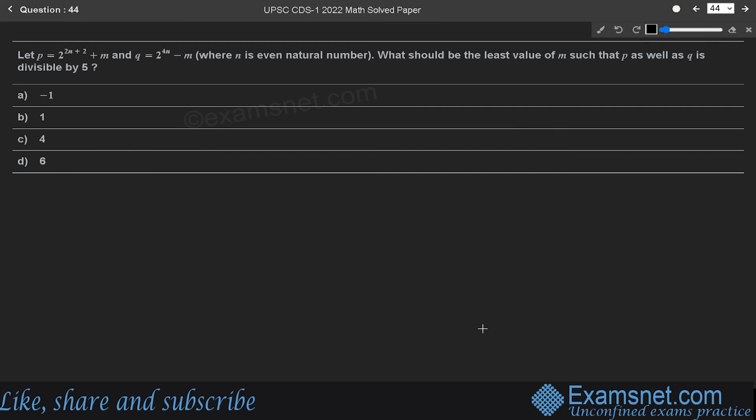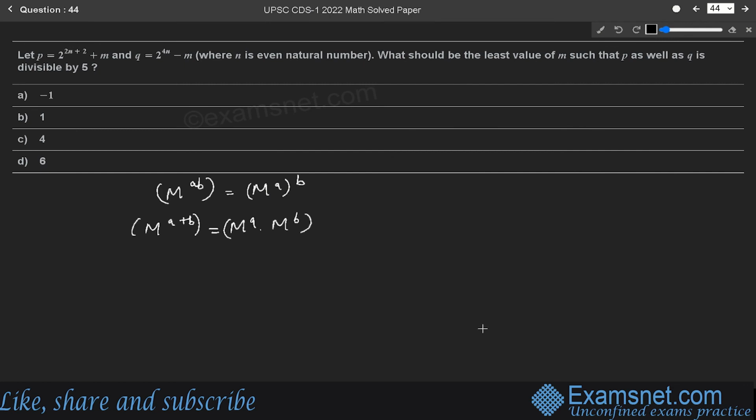It is given. To solve this question, we will require some basic formulas, which are (m^a)^b is equal to m^(ab), and m^(a+b) is equal to m^a into m^b.